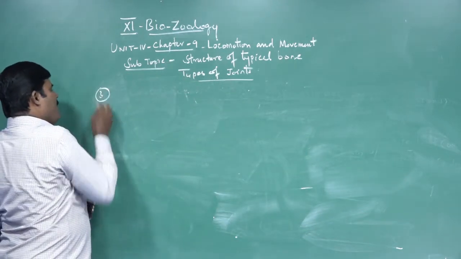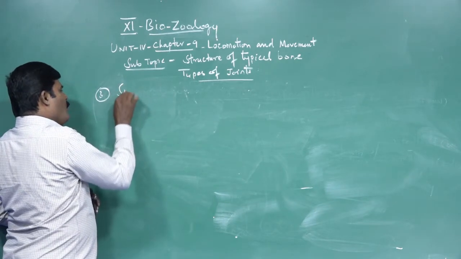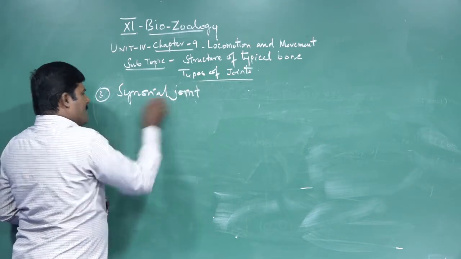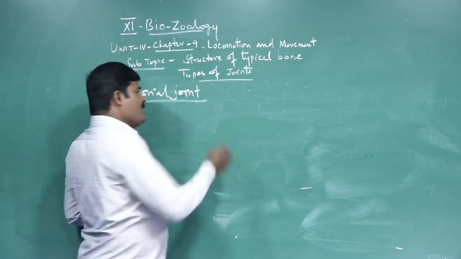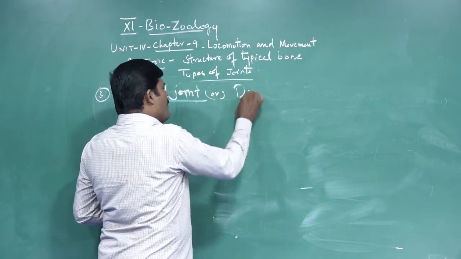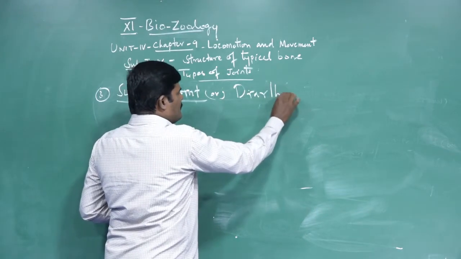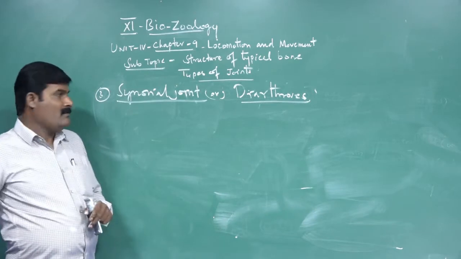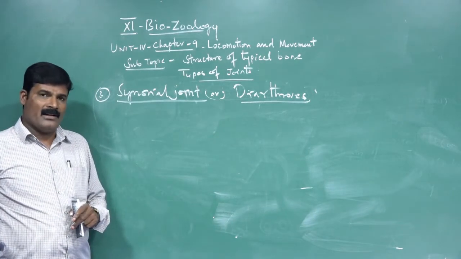What is the third type? Synovial joint. Synovial joint, otherwise called diarthrosis. So synovial joint is otherwise called diarthrosis.